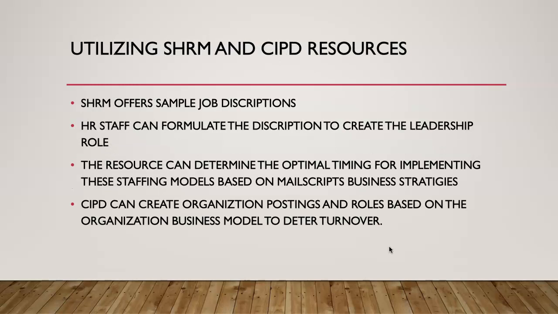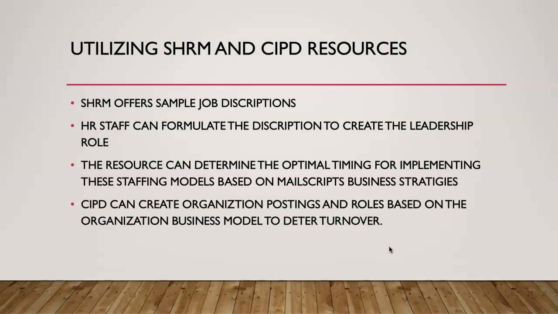One of two popular resources out there is utilizing the SHRM and the CIPD resources online. The SHRM offers sample job descriptions that any HR or human resources officer can simply access and either copy or integrate into a current job description.